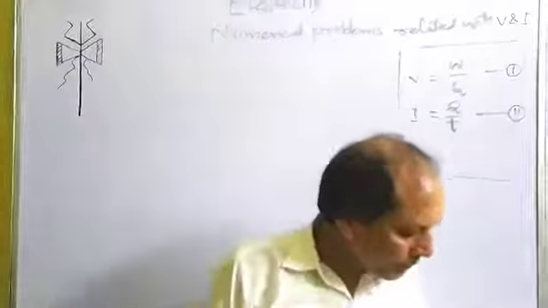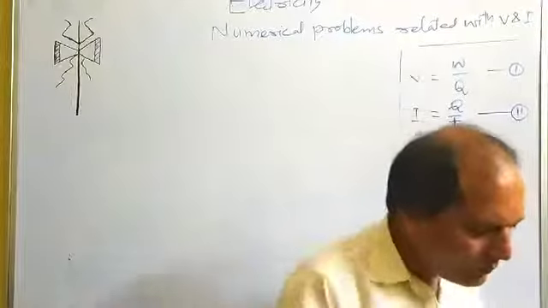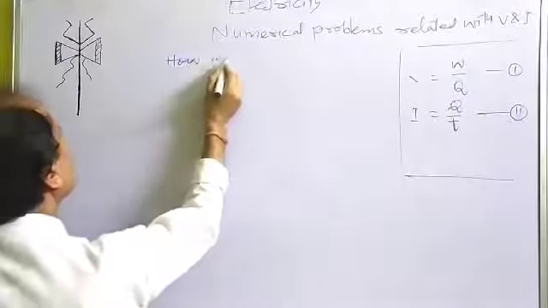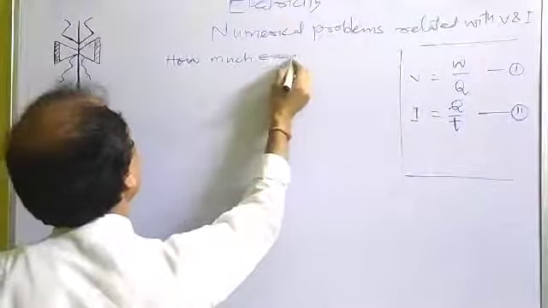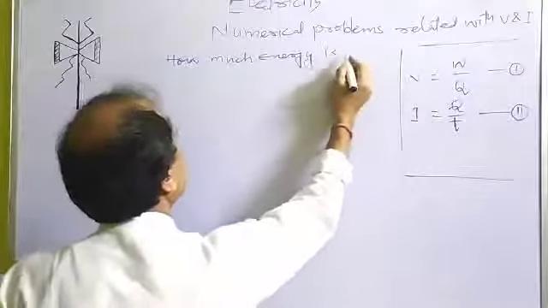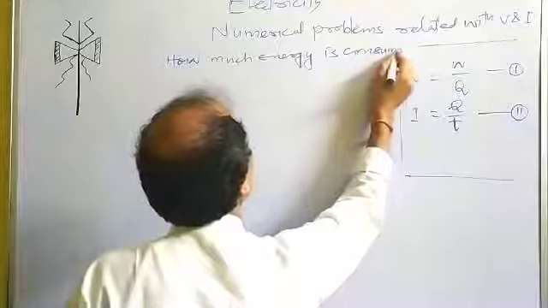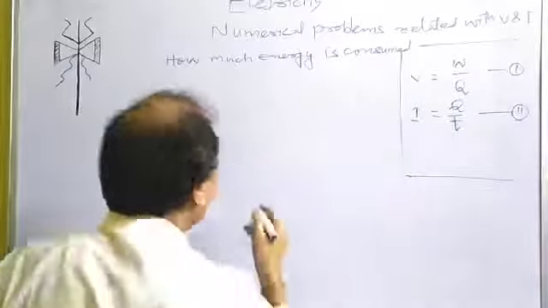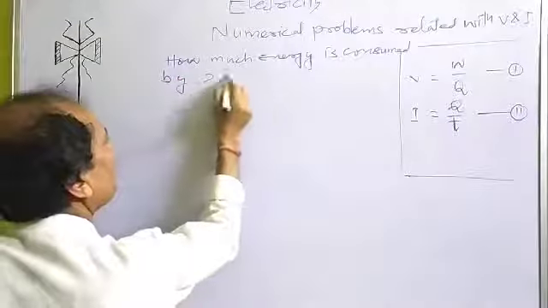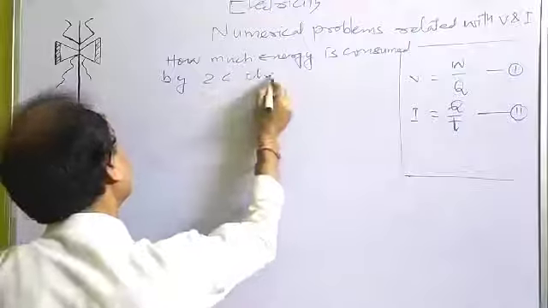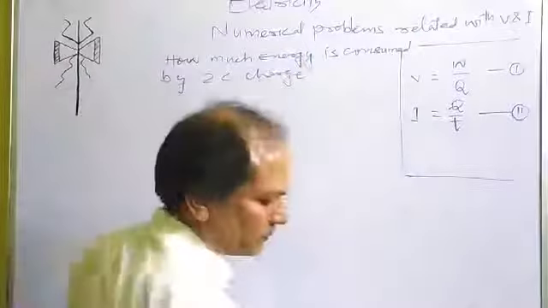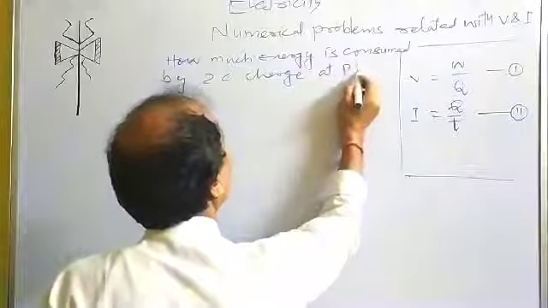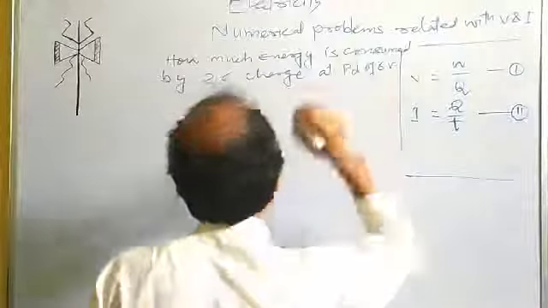How much energy is consumed by 2 coulomb charge at potential difference of 6 volt?